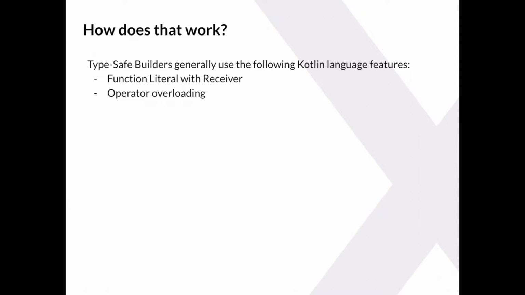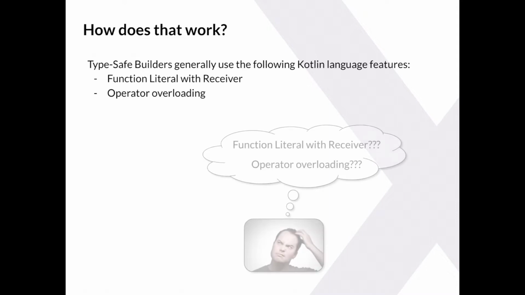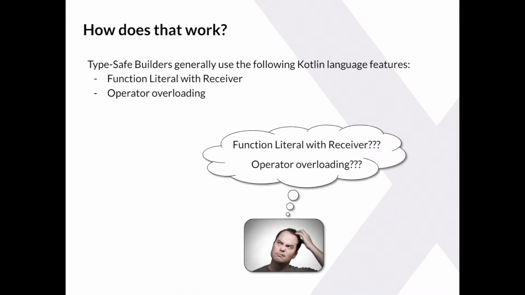And then we will also look at operator overloading. Have you heard of either of these features? Both of them? No? Operator overloading, I assume, is not that special, but this function literal thing is really something most probably haven't seen when you just start out with Kotlin.